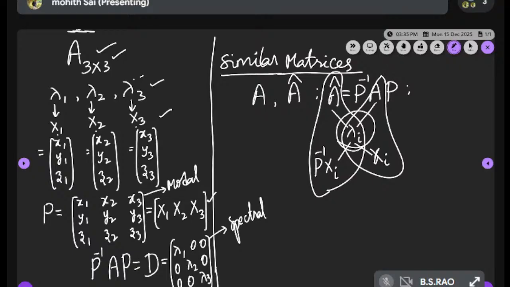That is, if two matrices are similar, their order is the same as well as they have the same eigenvalues.